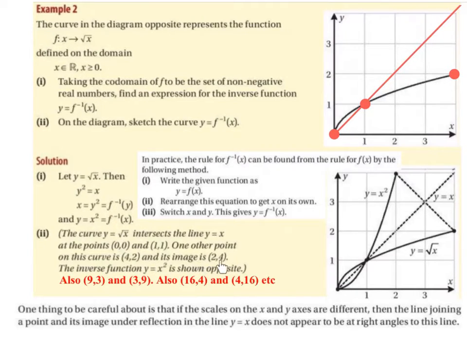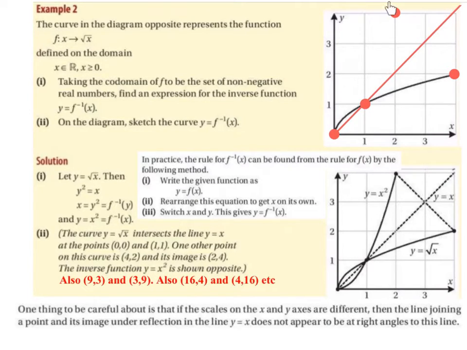And its image is 2, 4. So we can clearly see that they are equal distance apart. So the point 4, 2 and the point 2, 4, they're a reflection of each other in the line y equals x. So the inverse function y equals x squared is shown opposite.